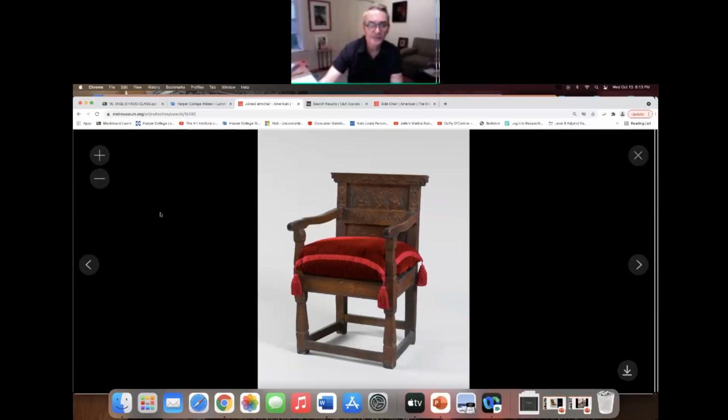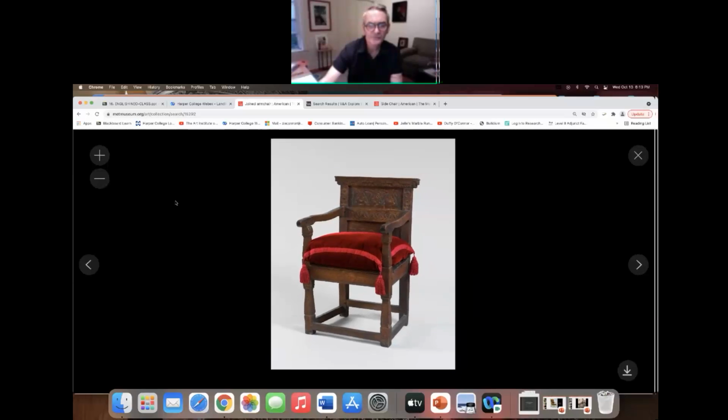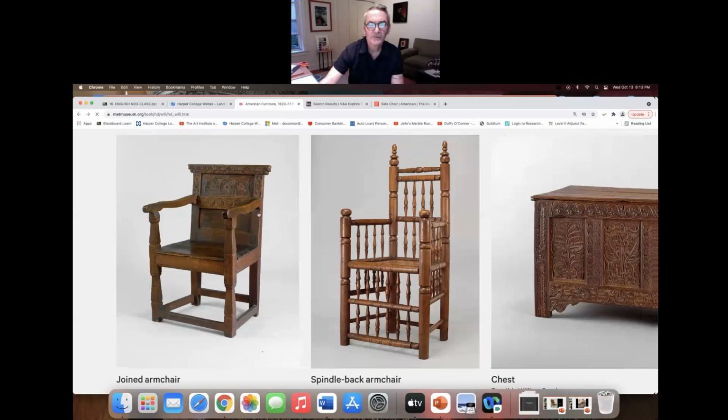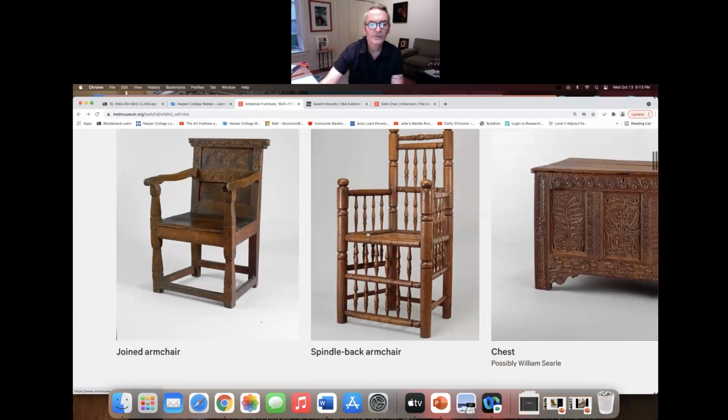And this piece here, I'm going to have to go back to this here. I also like this spindle back.